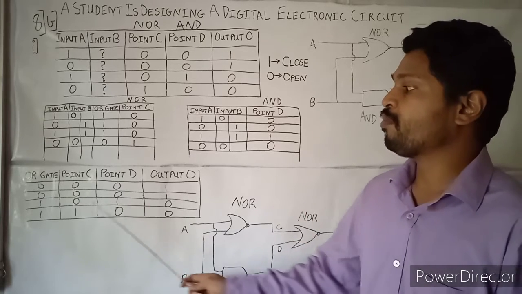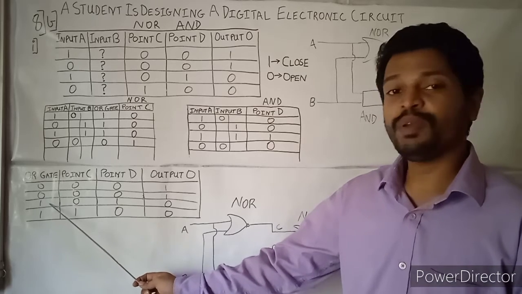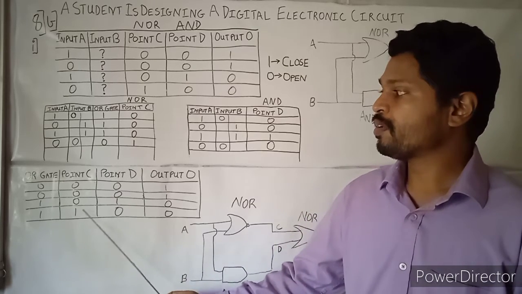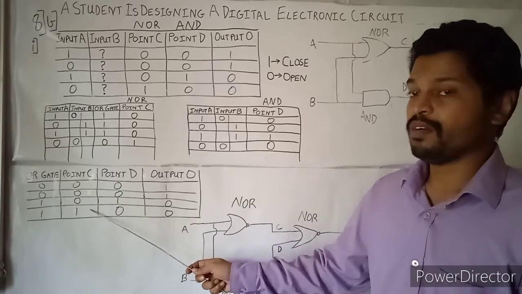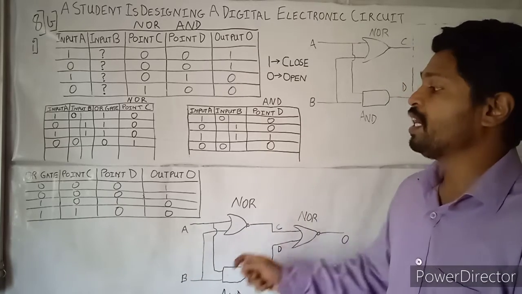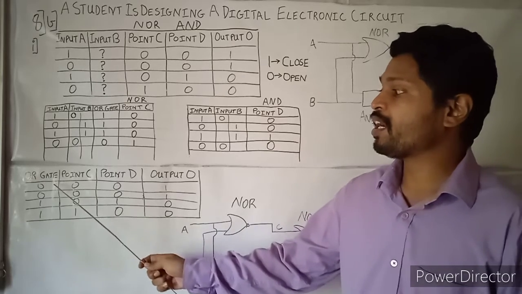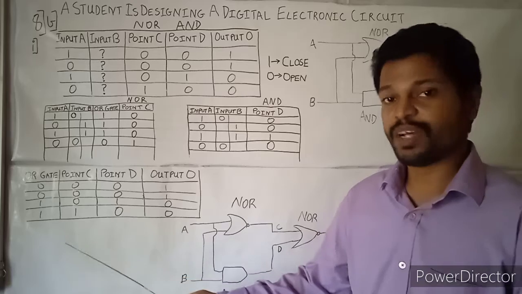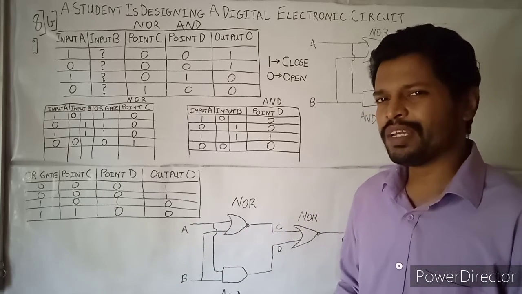Now the value is 1, what answer will you get? If it is an OR gate, then the answer will be 1. Now at point C the value is 1, and D it is 0, here it is 0. So if it is an OR gate, what value will come? 1 itself.